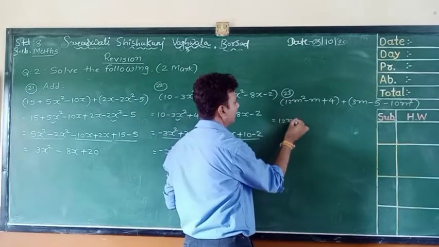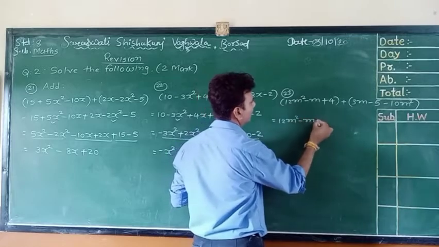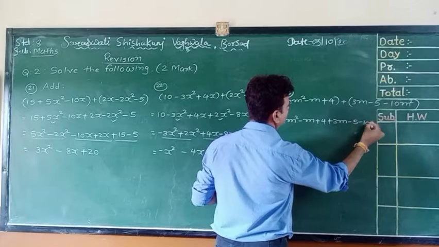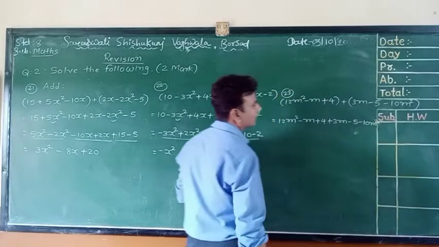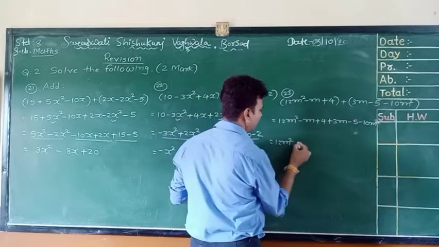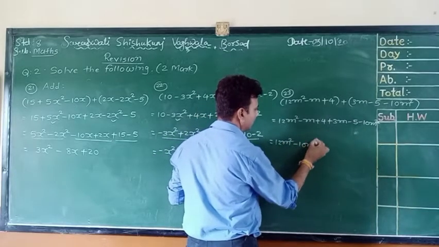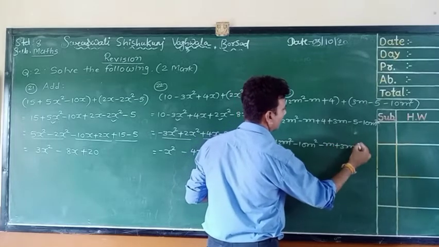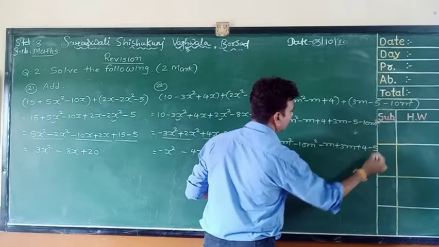Now this 23rd number, same concept. First 12m square minus m plus 4 plus 3m minus 5 minus 10m square. So like terms: 12m square and this minus 10m square, this minus m plus 3m, plus 4 minus 5.